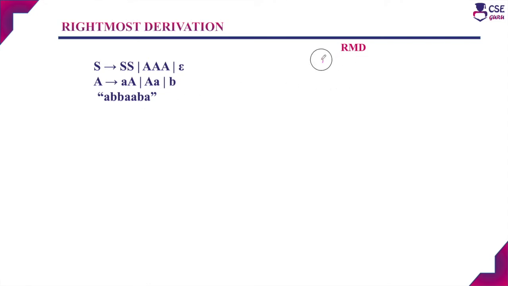The derivation starts with the start symbol S. First we will apply the production rule S derives A. Next, choose the rightmost non-terminal and apply the production rule.